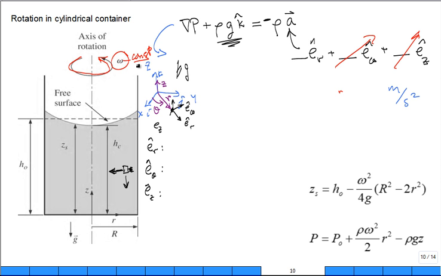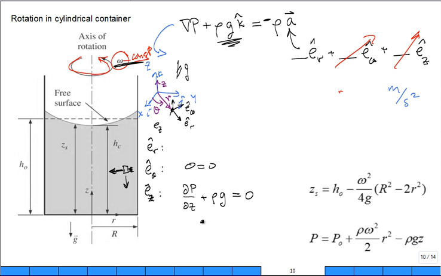Because the rotation is constant, this equation is 0 is equal to 0. Blah. But what happens with the e sub z, maybe that one's the easiest for you to understand, is that you get the rate of change of pressure in the z direction plus rho g is equal to 0. We're not accelerating in the z.